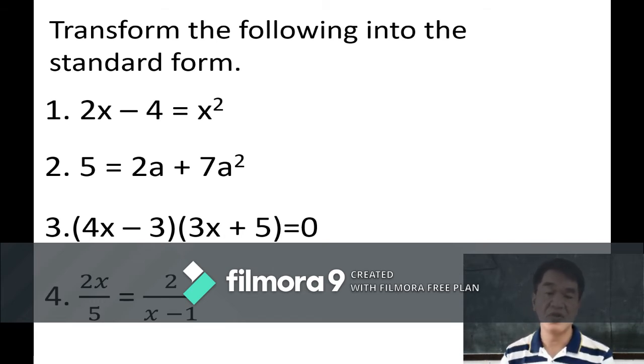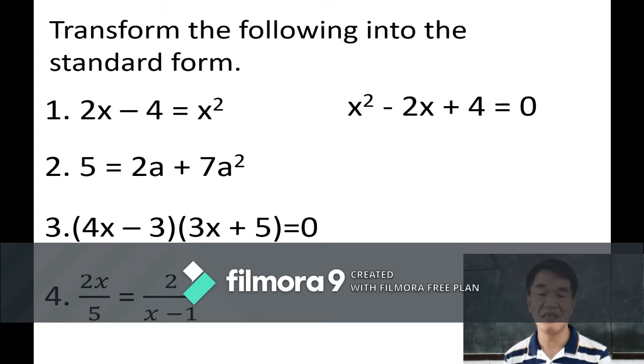Your first term should contain the squared, the second term contain the x, and the third term contain the constant. Therefore, if you arrange this in that format, then it becomes x squared negative 2x positive 4 equals 0.